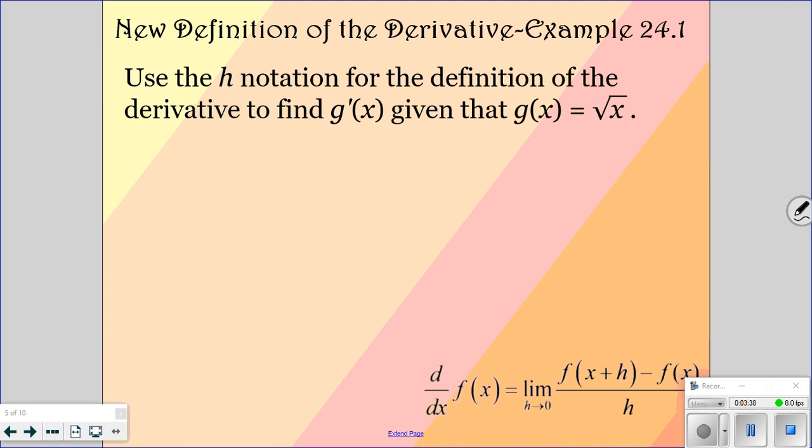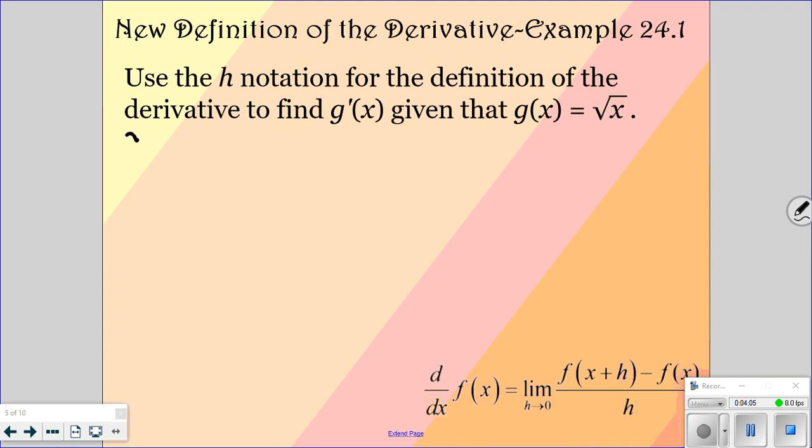So we're going to use the h notation for the definition of the derivative to find the derivative of the square root of x. So this is one that you definitely want to pay attention to and learn how to do. It will show up on your test, and it's one that you need to know how to work out. So we're going to start off with our formula.